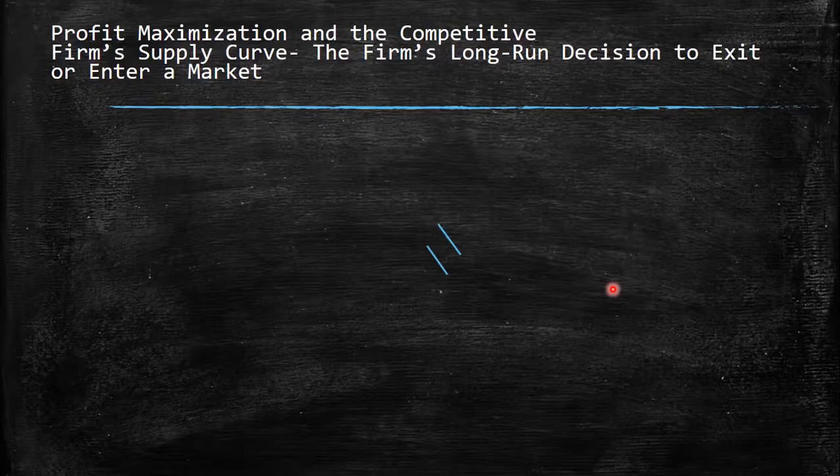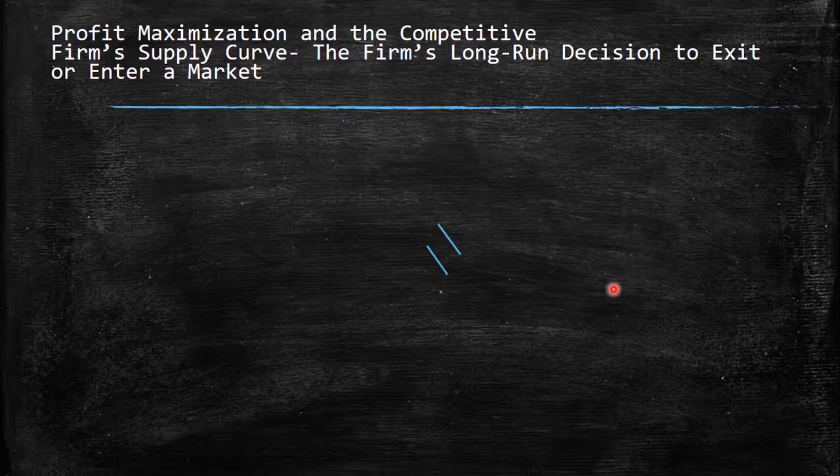Remember the difference between short run and long run. In the short run, we have variable cost and we have fixed cost. In the long run, all the costs become variable. The size of the plant and equipment you can change in the long run, not in the short run. So that's the idea, but under this premise, we're going to build the same idea.